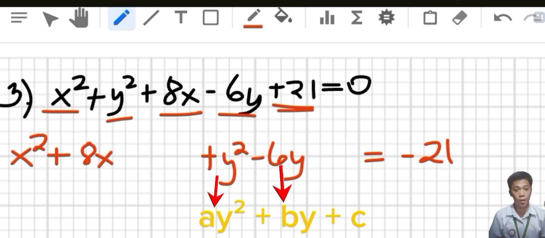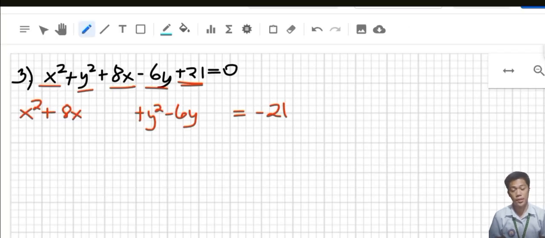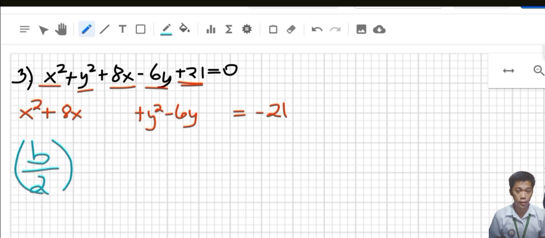And now, let's apply completing the square using the formula: half of the coefficient of the second term, raised to 2. Just substitute the value. So we have (8 over 2) raised to 2.